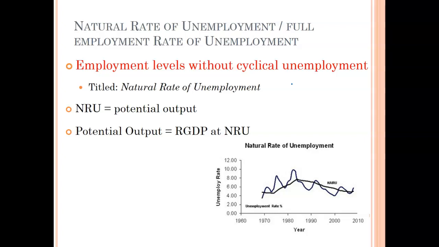They're not employed, and then we usually seasonally adjust for the seasonal unemployment. So the natural rate of unemployment is structural plus frictional plus seasonal, whatever that number is, where it would typically be. And so what we can do is figure out the potential output. The potential output is the real GDP if we were at the natural rate of unemployment.